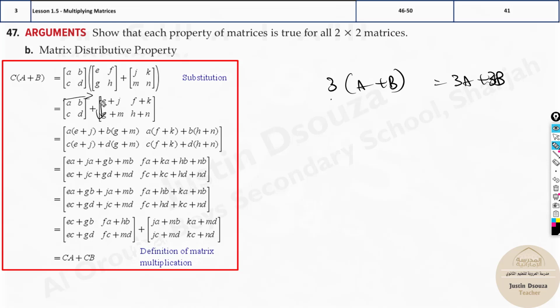See, matrix multiplication, you do that. And then ultimately you're going to get what you know. Say, imagine I write matrix C times (A plus B). This is going to be similar to the scalar distributive property. The distributive property works even over here. It will be CA plus CB. This is the rule, second rule.